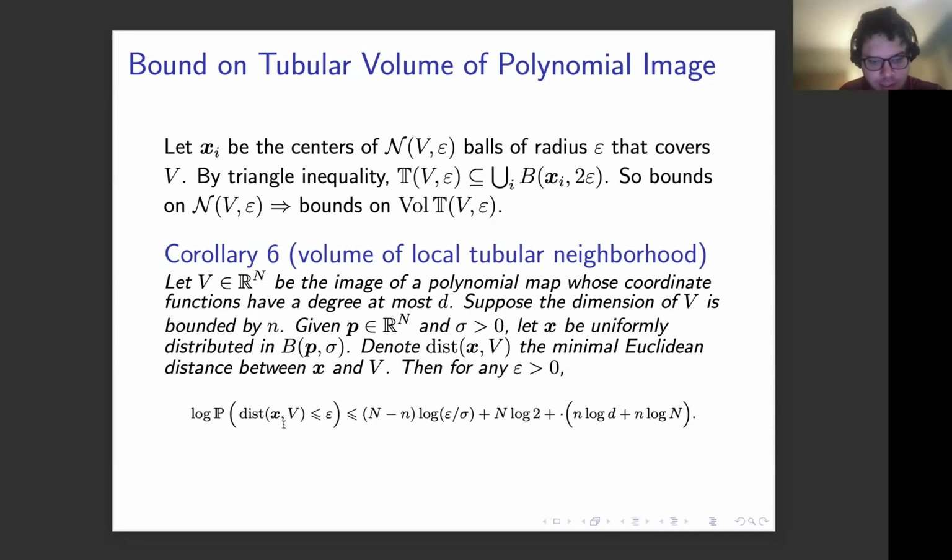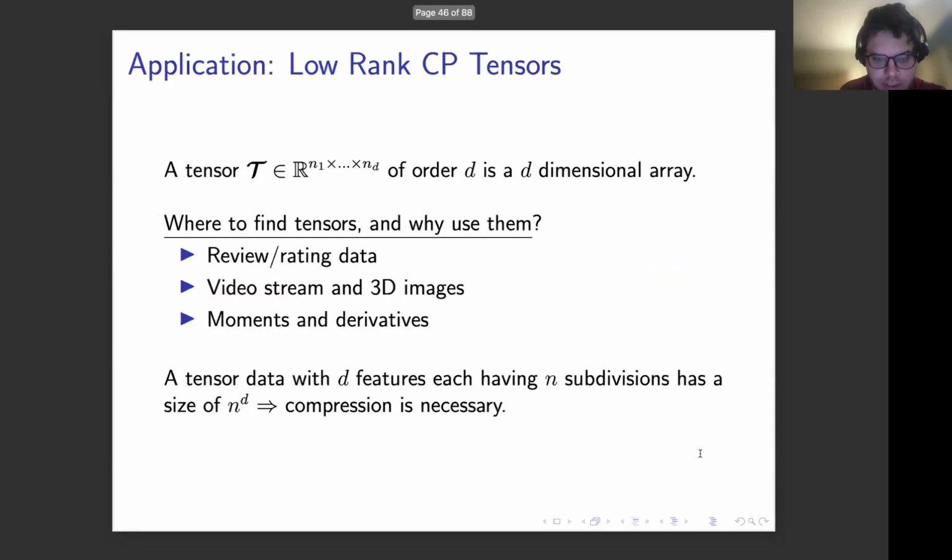So X again is drawn uniformly from some ball in Rn centered at P with radius sigma. And the log of the probability that that point is within epsilon of V is at most this.